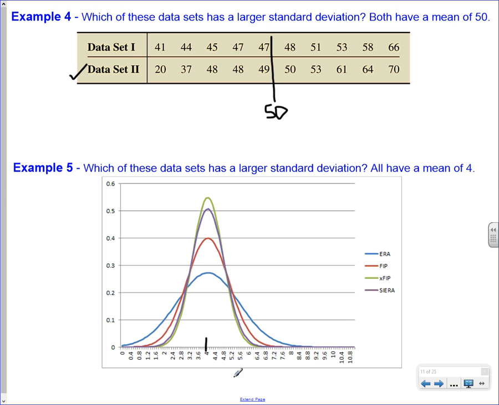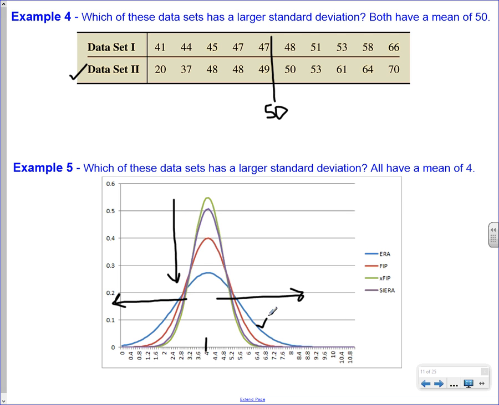But when the data is centered around the same spot but is more variable, this high curve gets pushed down, gets flattened so that it can account for the data that has spread out. So the data is more spread out.